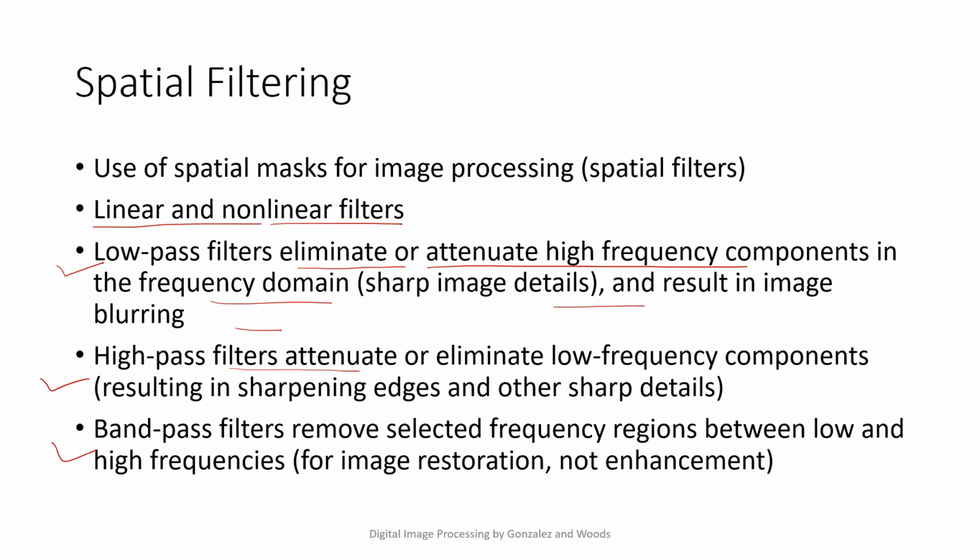A high pass filter attenuates or eliminates low frequency components and results in sharpening edges. How this results in sharpening and blurring, I will teach you. Band pass filters remove selected frequency regions between low and high frequencies, used for image restoration. This is not used for the enhancement techniques that we will see later on.